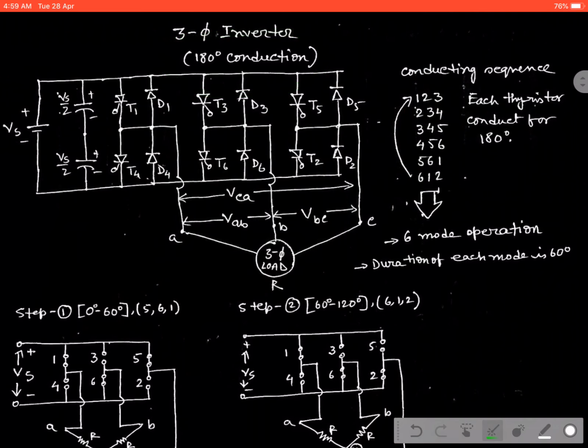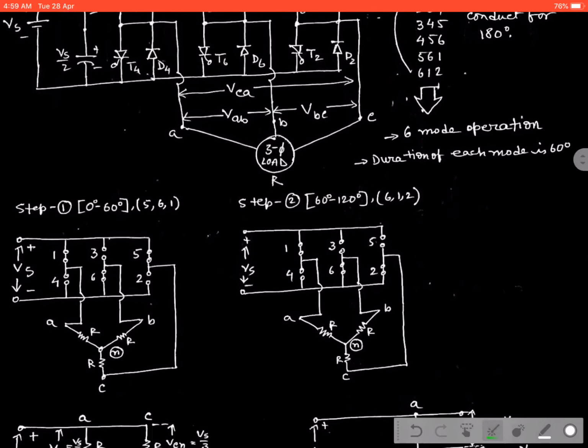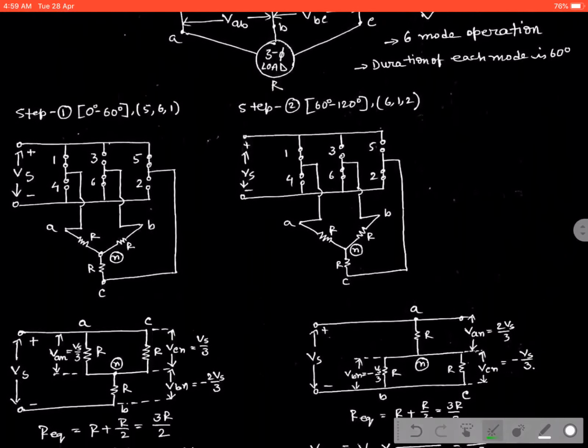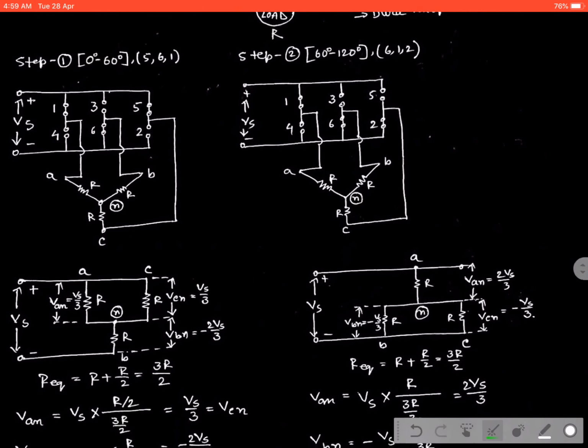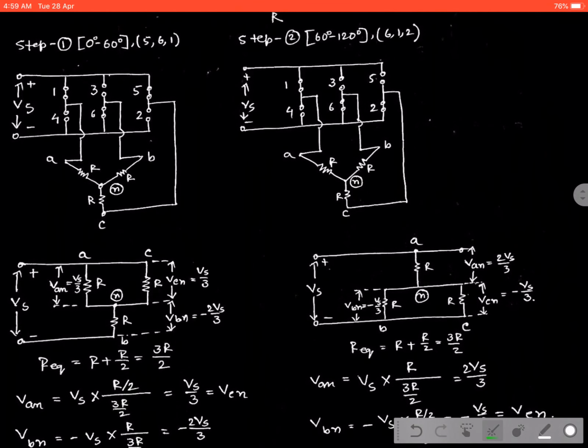That is, 561 for this mode, then this mode and this mode, as the 4 modes of operation. So first consider step 1, with duration 0 to 60 degrees, where the switches 5, 6, 1 are on.